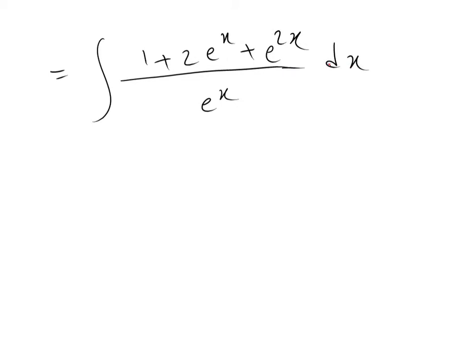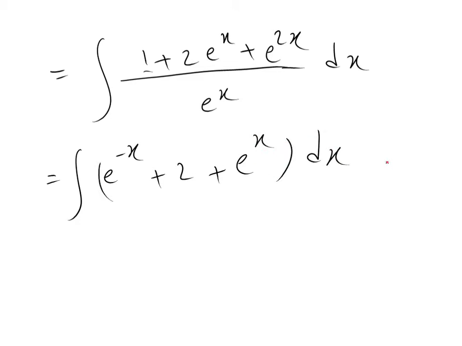Now if you divide each term here by e^x, you will get 1 divided by e^x, which is equal to e^(-x), then 2e^x divided by e^x will be equal to 2, and e^(2x) divided by e^x is equal to e^x, and dx.